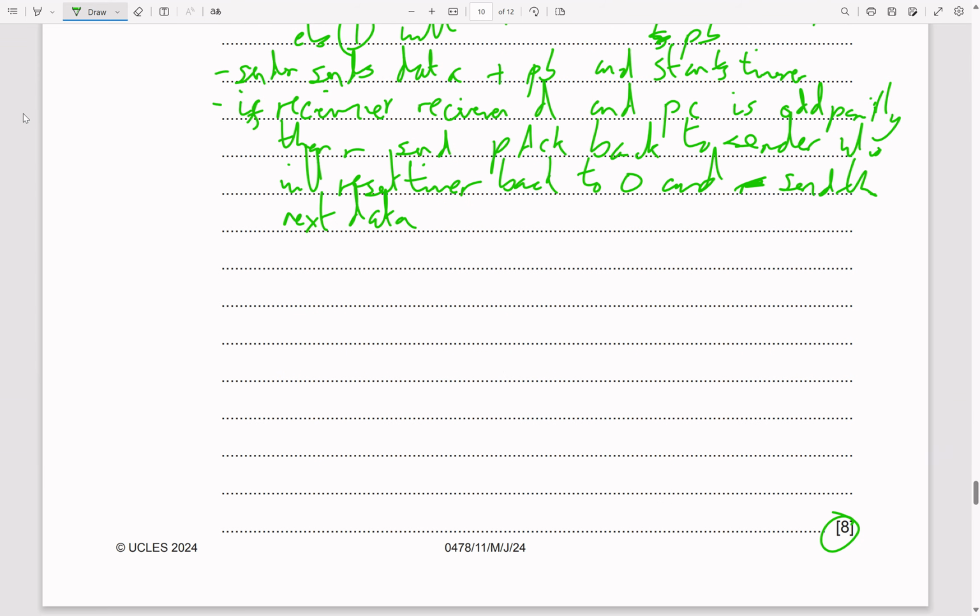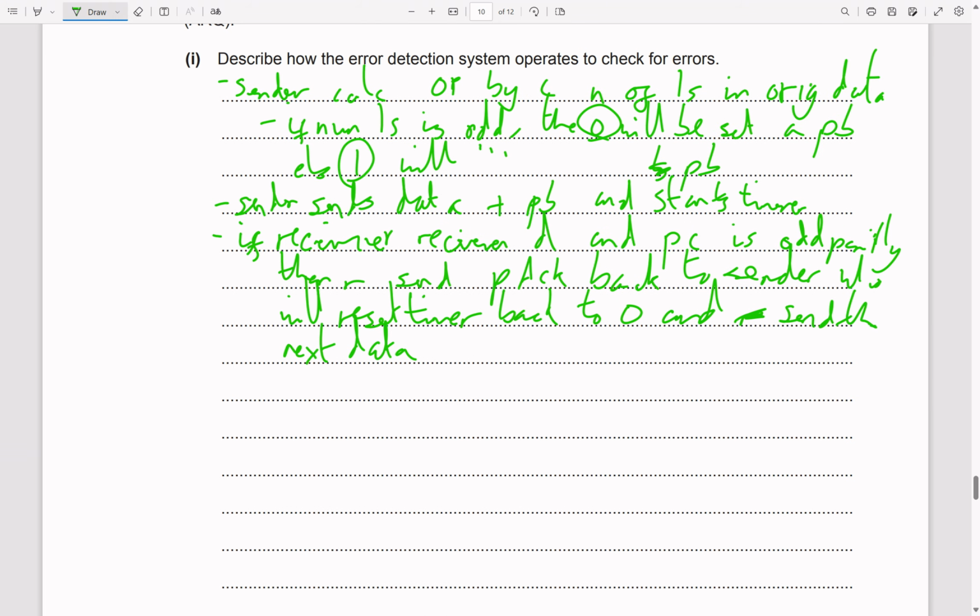So we've said what happens if it's successful. Now, I did just check the mark scheme, because this next part depends on the implementation. If there's an error, so if the odd parity failed, then you could have it where the receiver tells the sender, hey, this failed, resend.